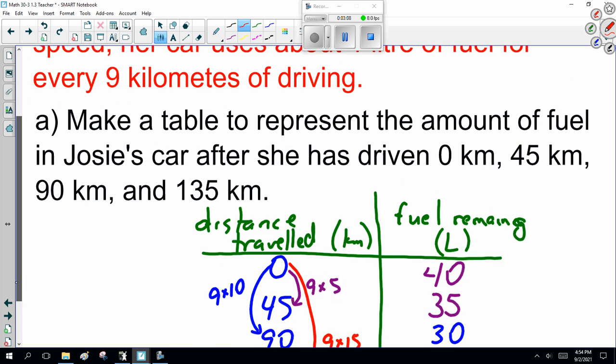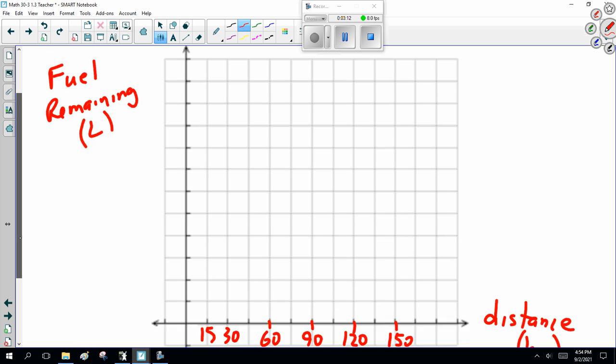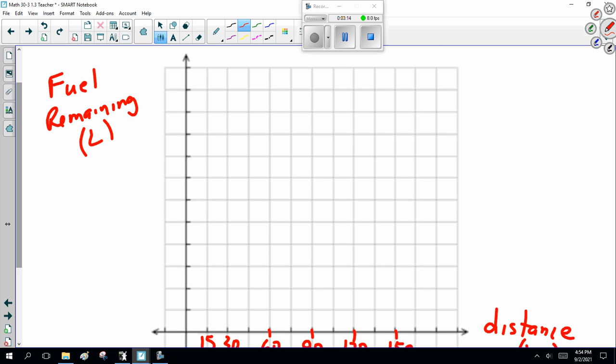So looking at these data points, 0, 40. Oh, sorry. Fuel remaining: 10, 20, 30, 40 liters. That's how we have to fit it in.